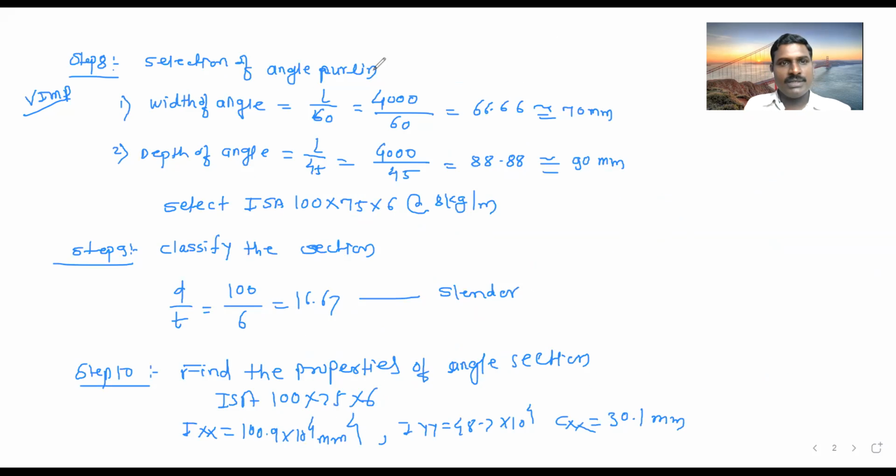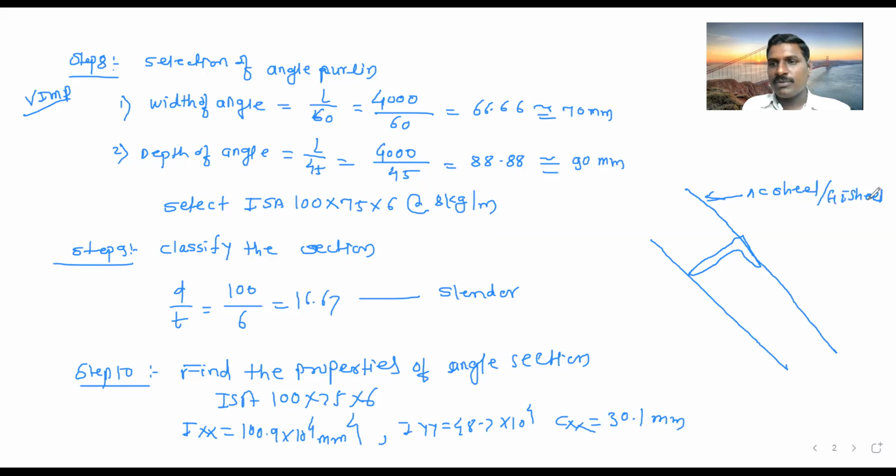Okay, so where do we need to calculate the sketch? Here we have to calculate. So we have decided the section, 100 by 75 by 6. It means if this is your principal rafter, we can provide the section like this. So this is your AC sheet or GI sheet.